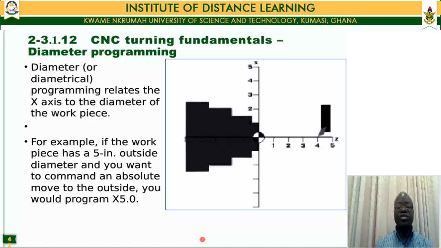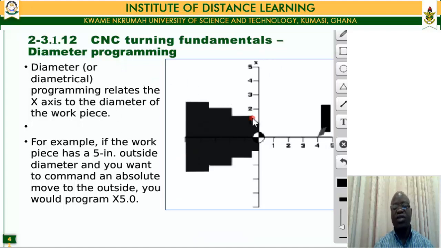And so once we actually take off, let's say this portion, it automatically gives the other view or the other image to the other side. So if you want to program, we can use two main ways to do that. We can program for diameter, we can program for radius.